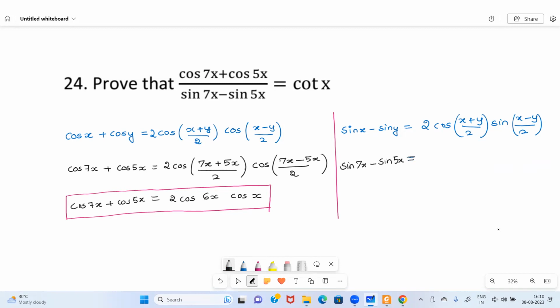This will be nothing but 2 cos((7x + 5x)/2) into sin((7x − 5x)/2), which is 2 cos 6x into sin x.